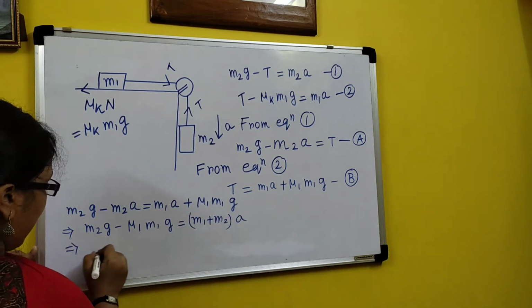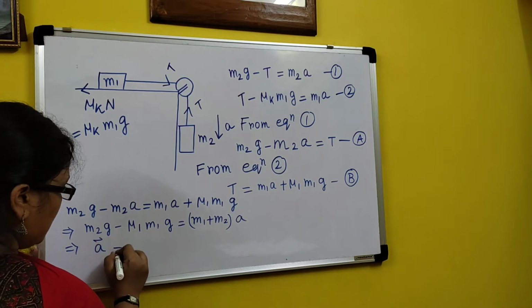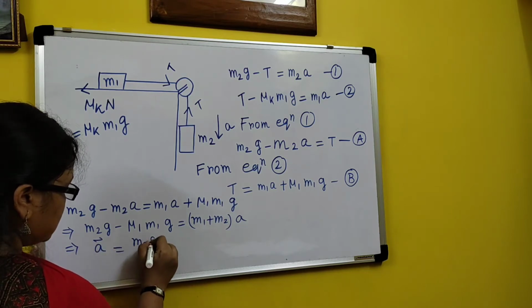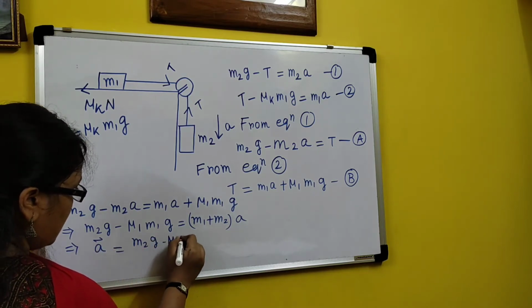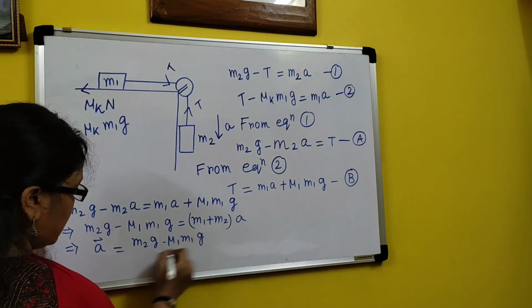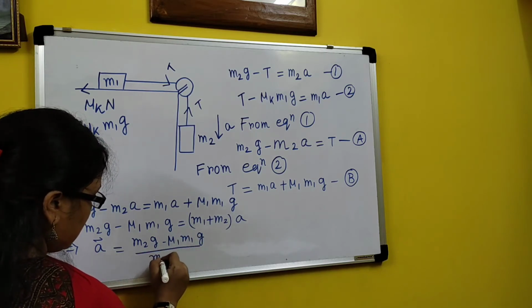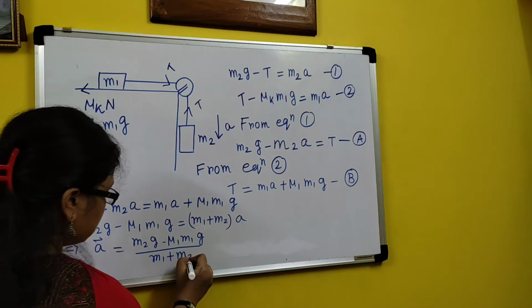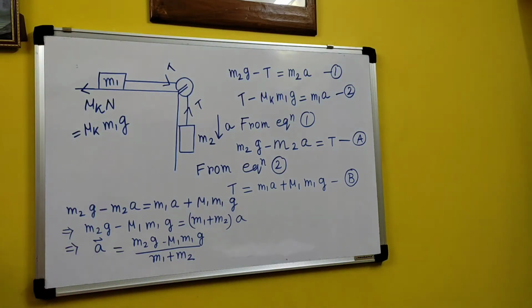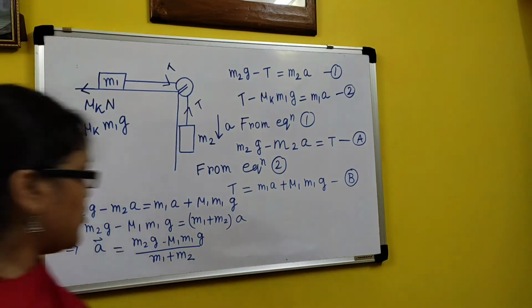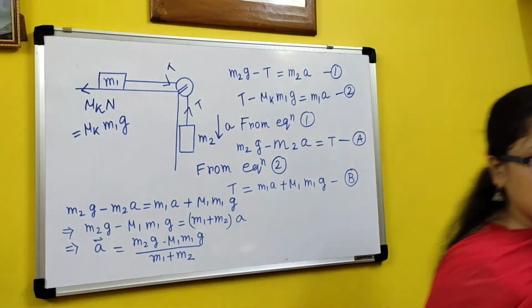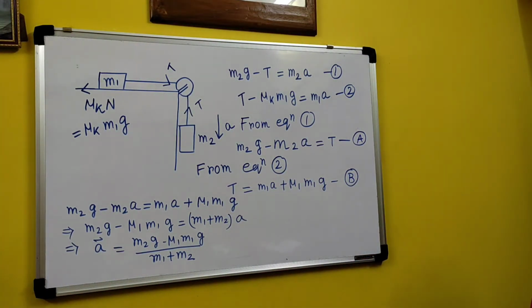So acceleration is equal to (m2g minus mu1 m1g) by (m1 plus m2). This is my acceleration, the value of acceleration by which the object is moving towards the ground.